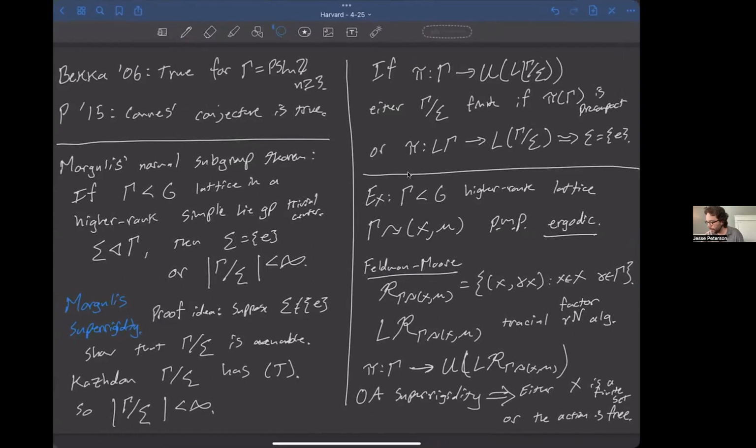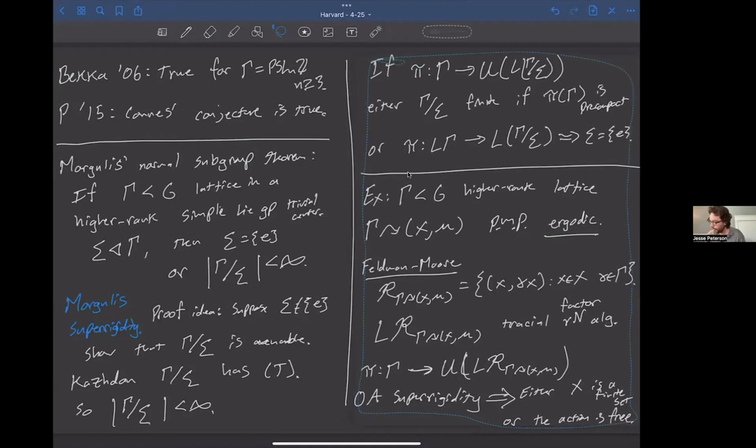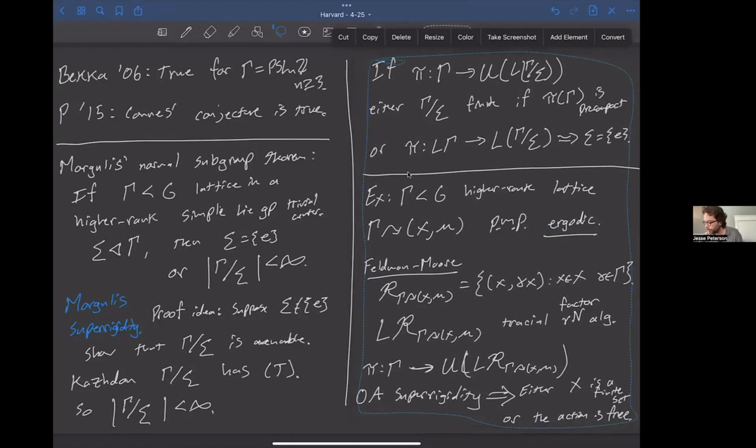So this is a nice consequence of operator algebraic superrigidity: every PMP ergodic action on a probability space without atoms is automatically a free action.